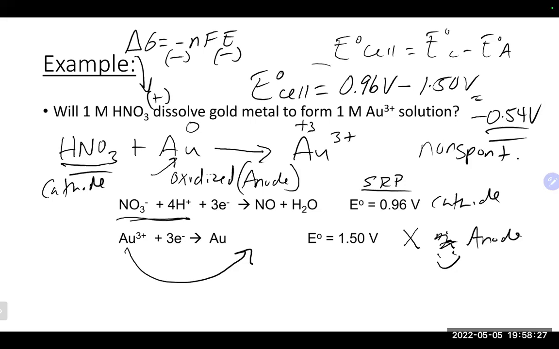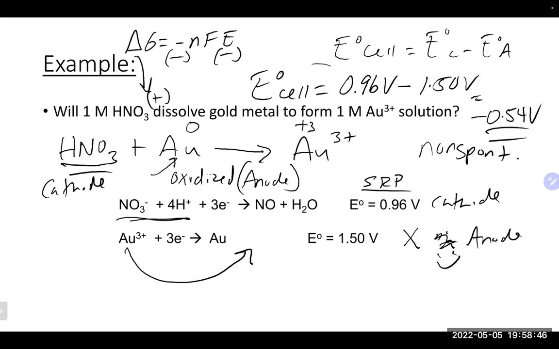So that's why it's important, if you are given information about how the reaction is happening, or you're given the overall equation like we were a second ago, you do have to take a moment and look at it to see what is being oxidized and what is being reduced, because it may be a non-spontaneous process. It may not actually work.